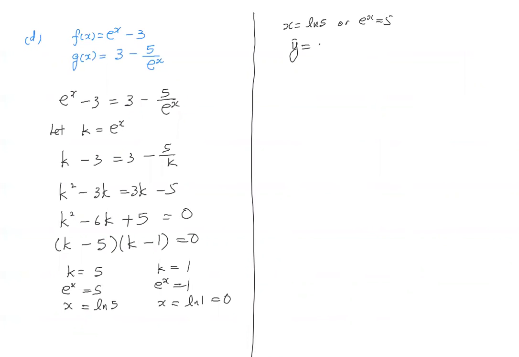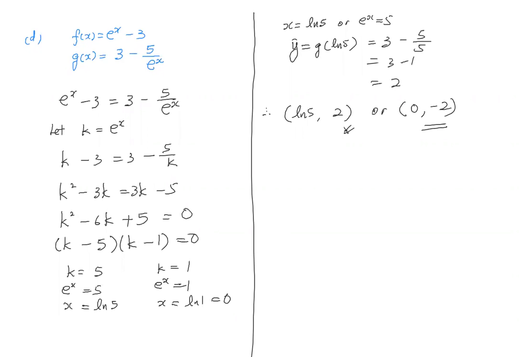If I use g(x), I will put 3 minus 5 divided by 5. So I have 3 minus 1, that is 2. So therefore the 2 points of intersection are (ln 5, 2) and (0, -2). This one we know already. Done.